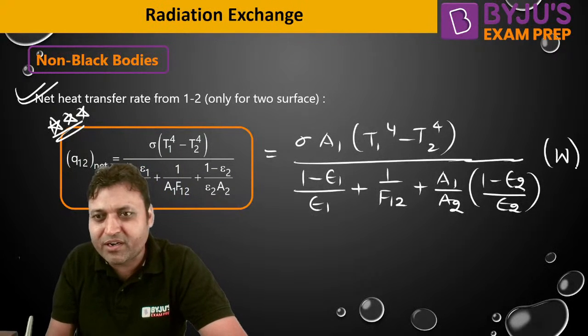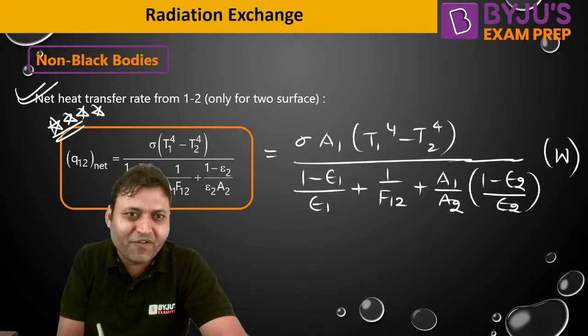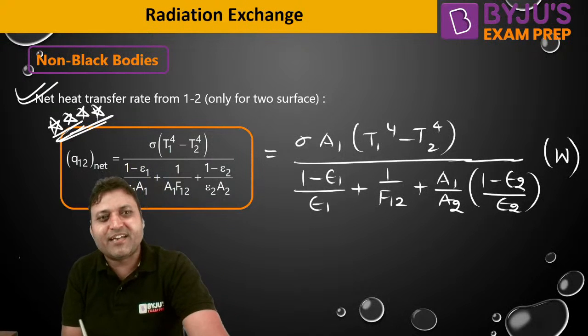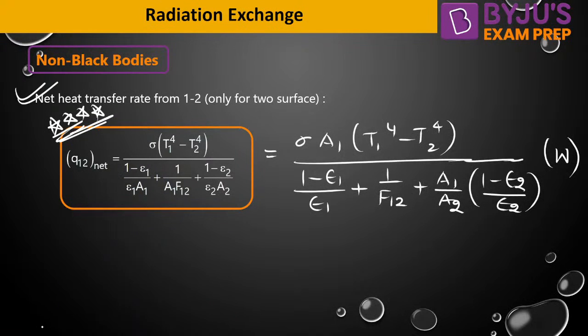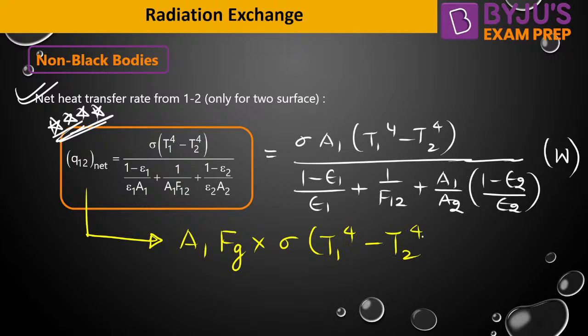The unit is watt. This is the final expression for the radiation heat exchange, and this can be compared with the general expression for Q122 net, which is A1 into Fg into sigma into T1 to the power 4 minus T2 to the power 4.